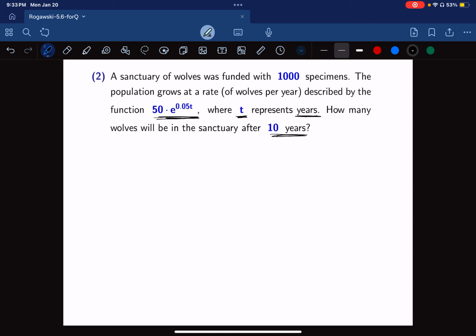So we always know that the rate of change is how fast something changes over time, otherwise known as the slope, or in this case, a derivative. Now, we don't want a rate of change.